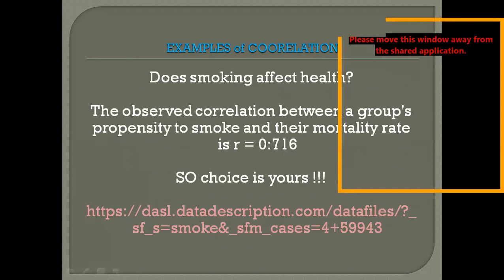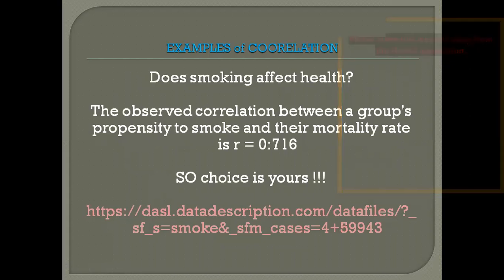Now, sometimes some of us will be scared about this. Does smoking affect your health? Yes. The observed correlation between a group's propensity to smoke and their mortality rate is 0.716.